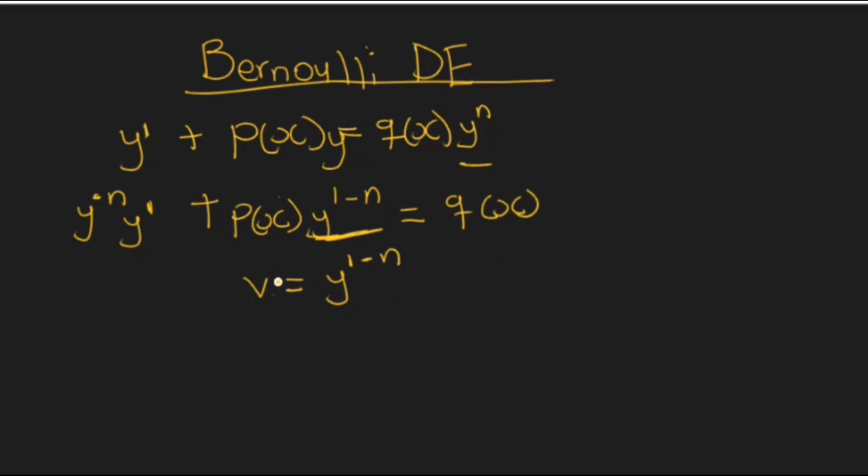So if I differentiate this variable, you realize that I'll get v prime to be equal to this multiplying the whole thing, so 1 minus n, right? y to the power, what you have here, minus 1.